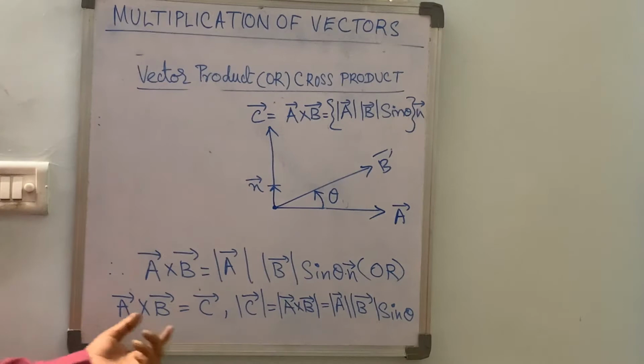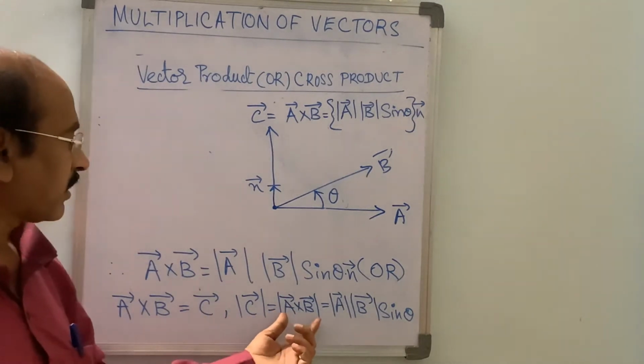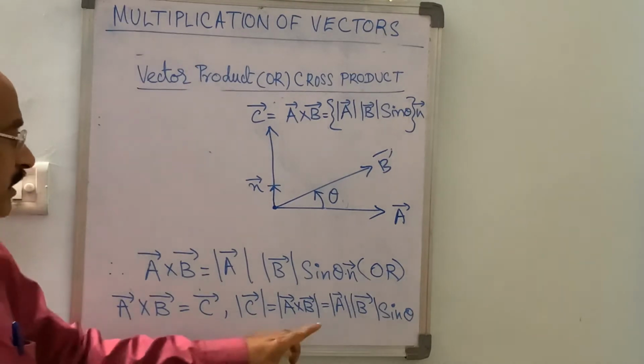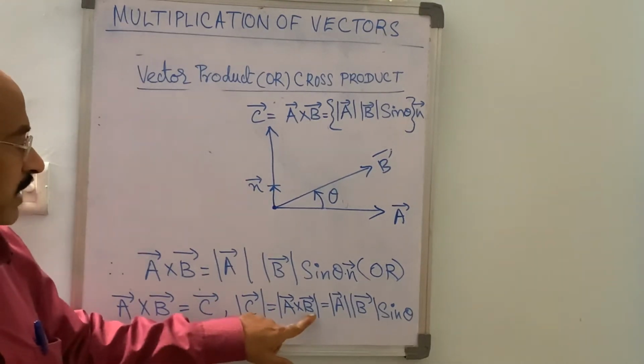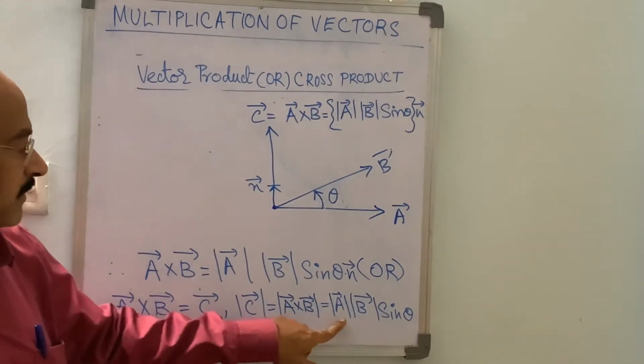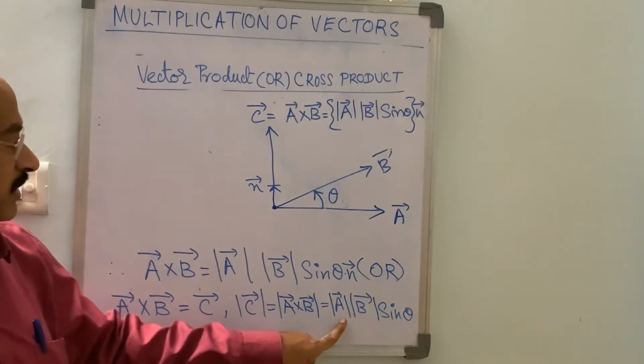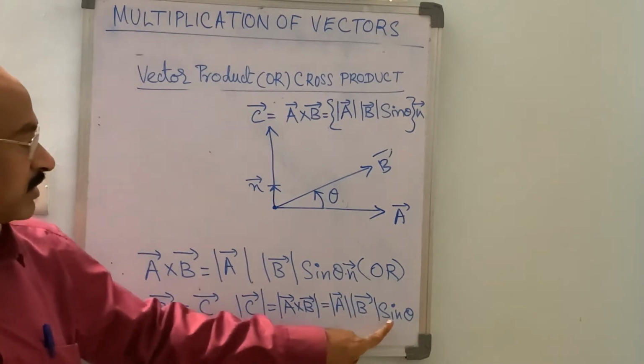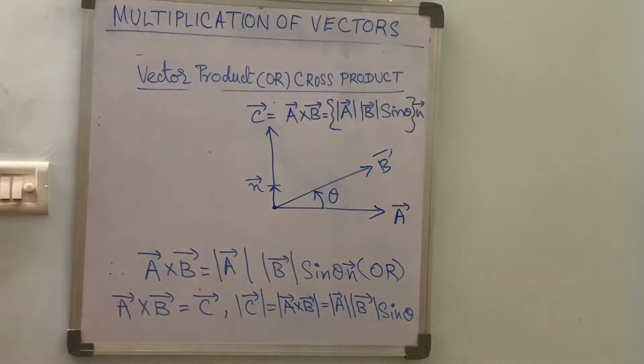So here modulus of a bar cross b bar is equal to ab sine theta. That is, the magnitude of the vector product of two vectors is defined as the magnitude of the first vector into the magnitude of the second vector into the sine of the angle between them.